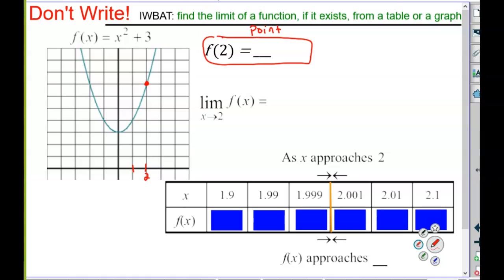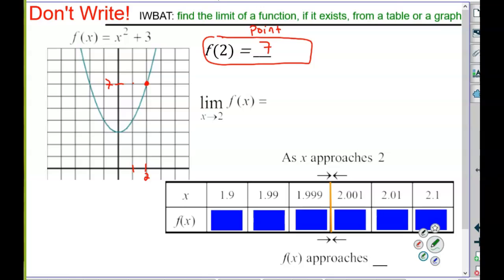Now notice, if I plug 2 in here, 2 squared is 4, 4 plus 3 tells me the location. Now, sometimes the limit matches the point exactly. Sometimes it doesn't. In this case, that's what we're going to explore.